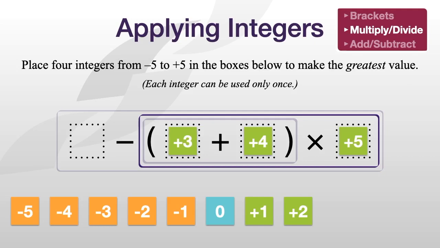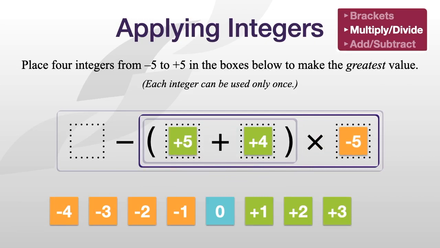But there's a catch. Looking ahead, the next step will be to subtract. Subtracting a large positive integer will decrease the value of the expression. Subtracting a negative number, on the other hand, will increase the value of the expression. Let's back up and undo placing positive 3. Instead, make negative 5 the second factor.